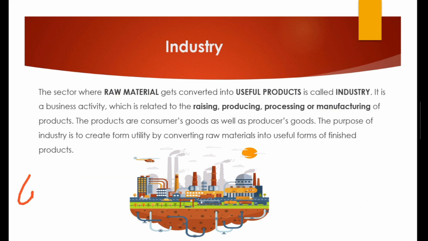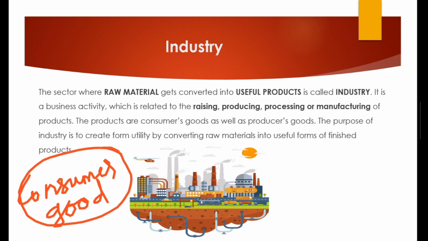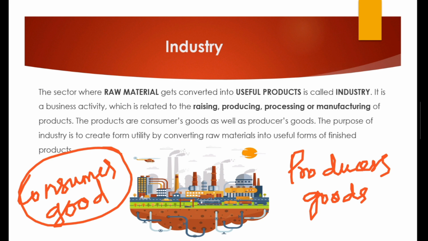Now, what are consumer goods? Consumer goods are goods which are consumed by the consumers, which are final, useful products. Whereas producers goods are goods which are used to produce the final products. Examples of consumer goods are clothing and food, which are final products used by the consumers.